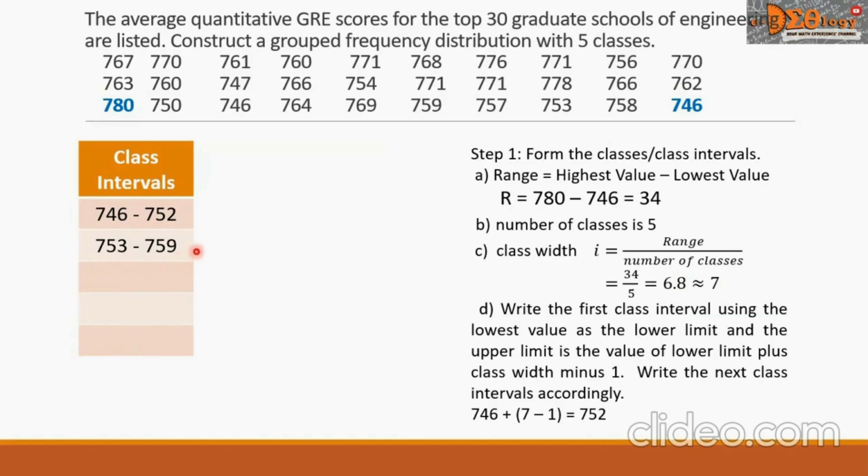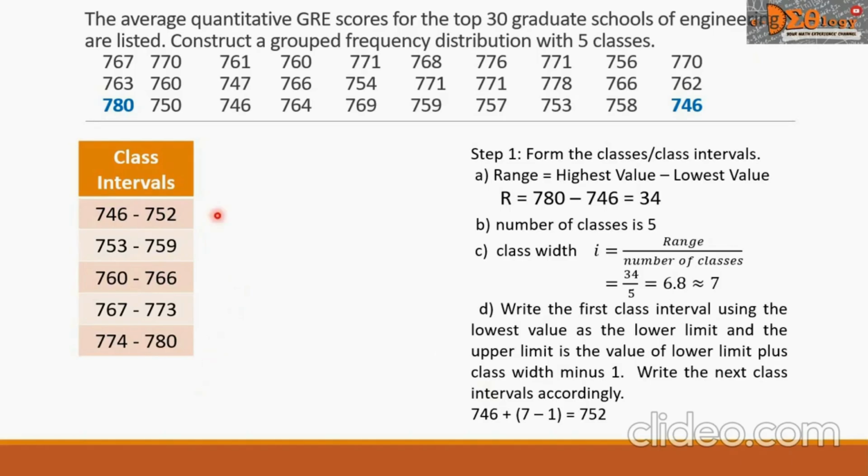We follow the same pattern based on our first class interval, and that idea will be implemented on the other class intervals. So in here, we are able to write all the class intervals.